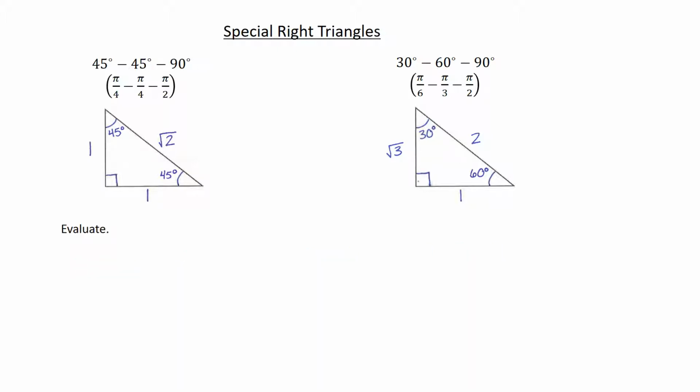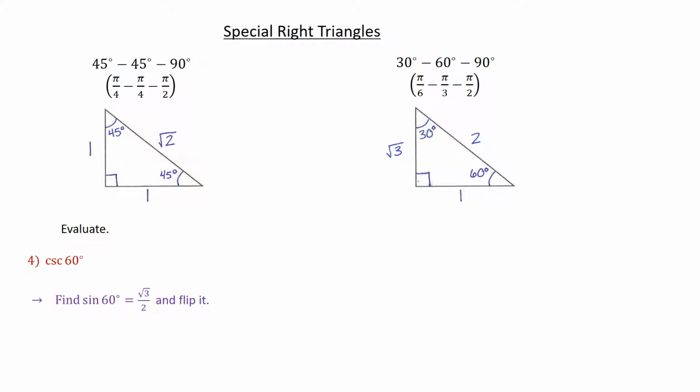Now let's look at some of the reciprocal functions. Consider cosecant of 60 degrees. Now cosecant is the reciprocal function of sine. So we're going to find sine of 60 degrees, and then we're going to flip that over. Remember, sine is opposite over hypotenuse. So if we go to 60 degrees in our 30, 60, 90 triangle, the side opposite 60 is root 3.